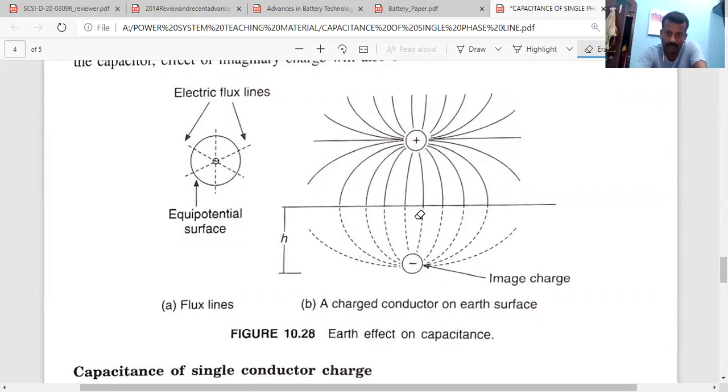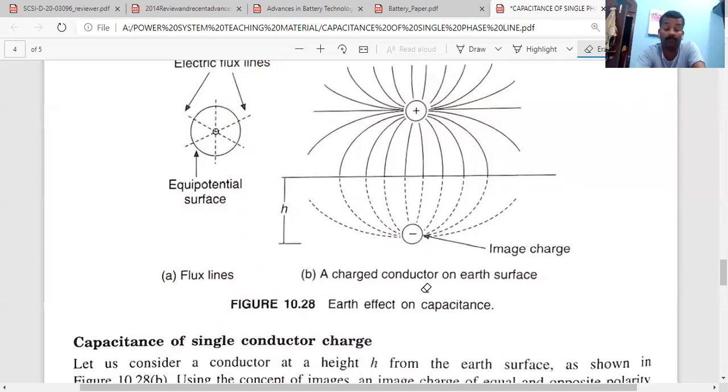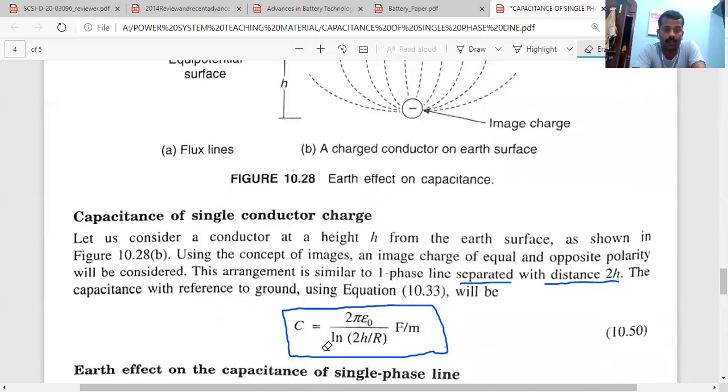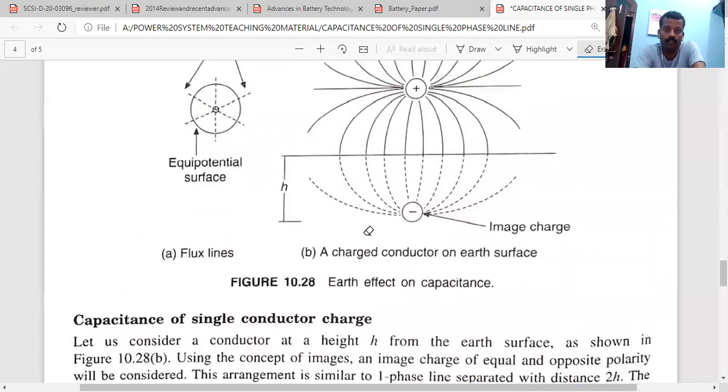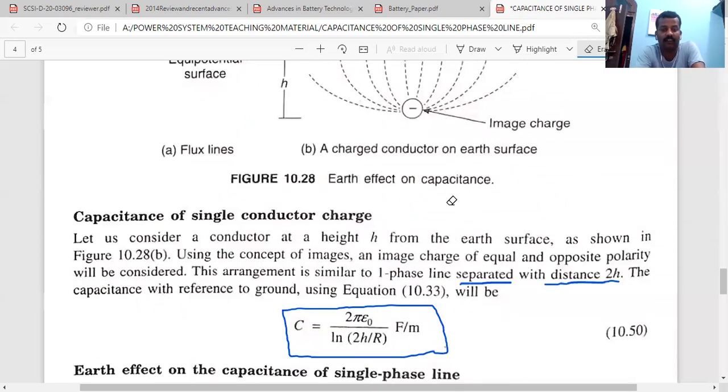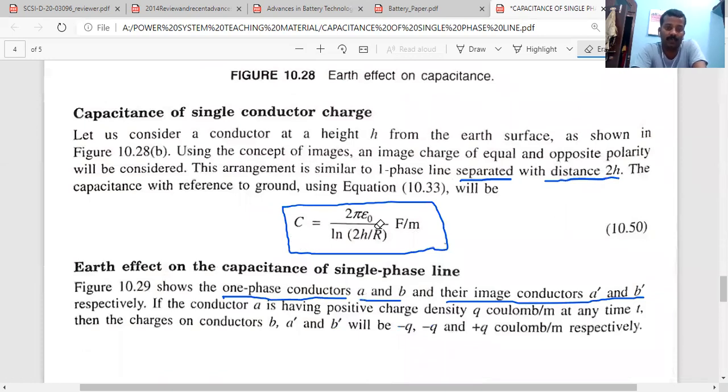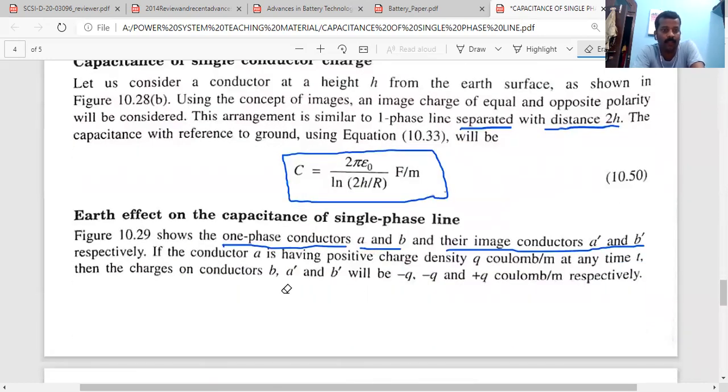This one is h and this one also h, so the total distance between these two conductors, with plus and minus charge, will be 2h. And suppose the radius of this conductor is r, then the capacitance can be given as 2 pi epsilon naught upon ln 2h by r, as in the previous concept.